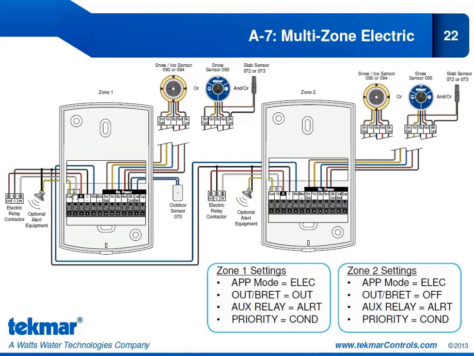The heat relay here will close to allow Zone 1 to begin its melt cycle. When this relay opens, only then can the heat relay for Zone 2 close. And then, of course, when that opens, then Zone 1 can close its heat relay again.